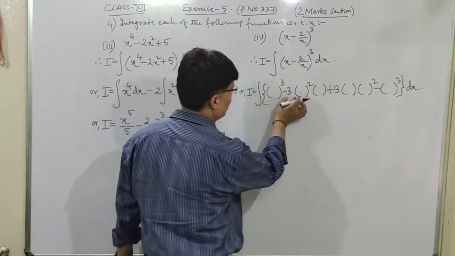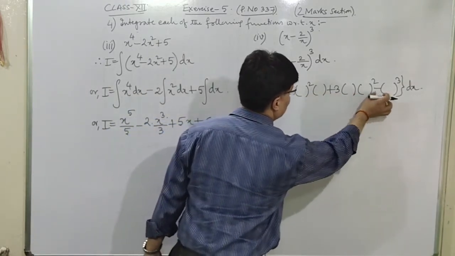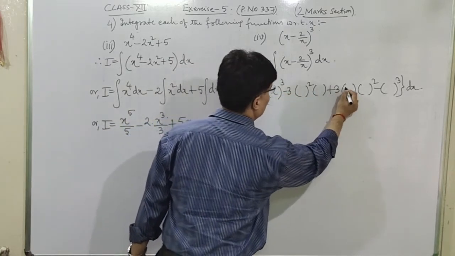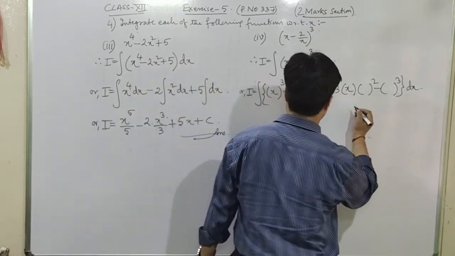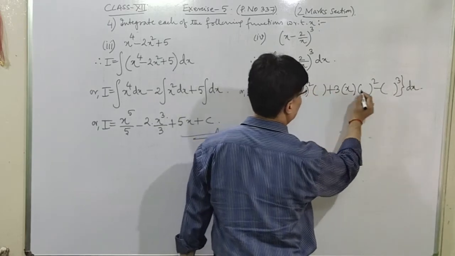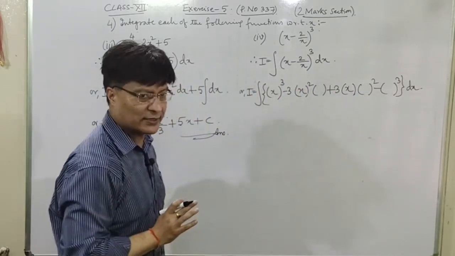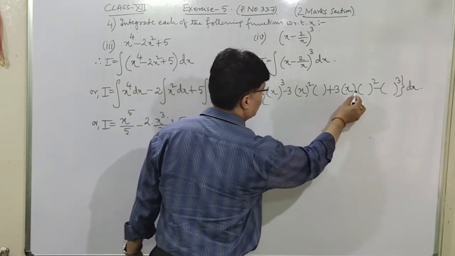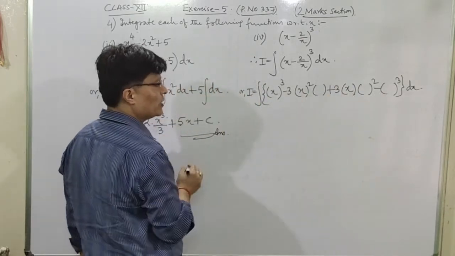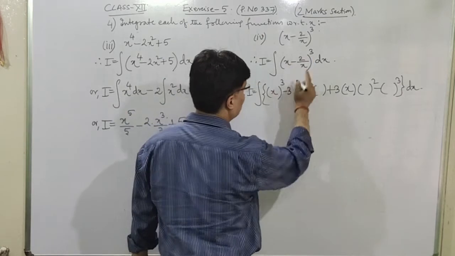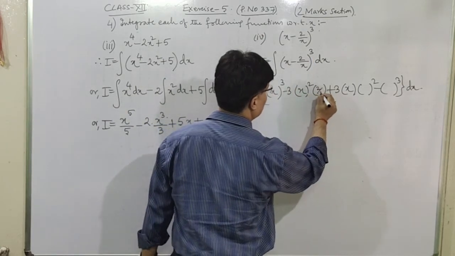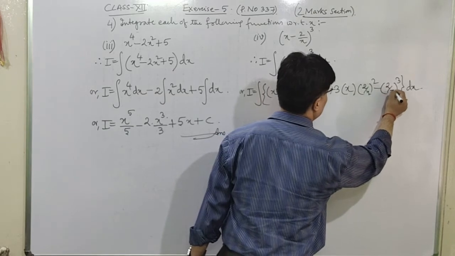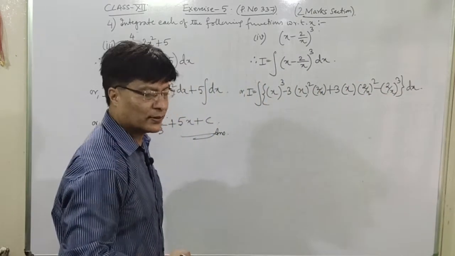So this is the place for a and this is the place for b. So what is a here? It is x. Here also we write x. Here also we write x. This is the place for x, isn't it? That is a. A cube minus 3a square b plus 3ab square minus b cube. So here what is the value of b? 2 by x. So this is 2 by x. This is 2 by x. This is 2 by x. Right?